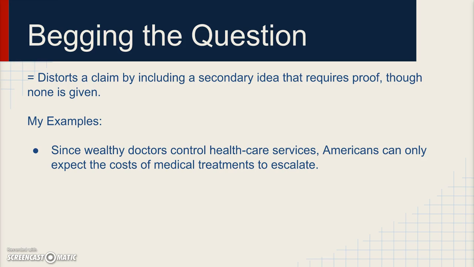So for example, if you said, since wealthy doctors control healthcare services, Americans can only expect the cost of medical treatments to escalate, you can't prove that Americans can only expect the cost of medical treatments to escalate. The writer has provided no evidence that doctors control healthcare services. The use of the word wealthy implies that doctors' incomes directly determine treatment costs. Both of those ideas muddy the logic of the argument, because we know that those do not correlate.